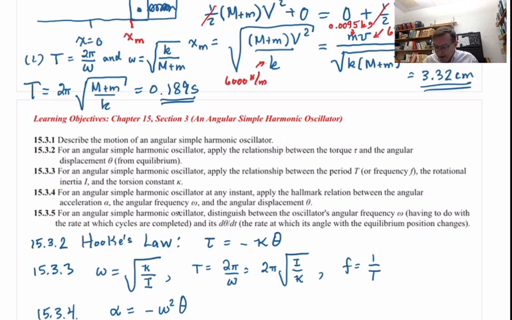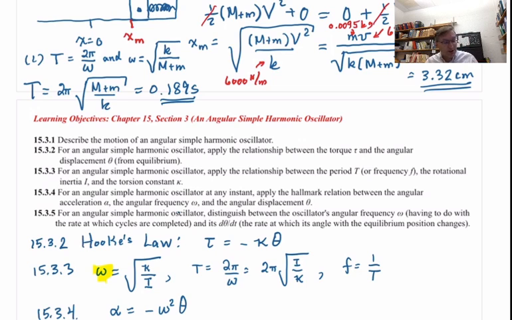Last learning objective is to just be careful, basically, to distinguish between the oscillator's angular frequency omega, right there, and the d theta dt, the rate at which its angle is changing, because they're not the same.